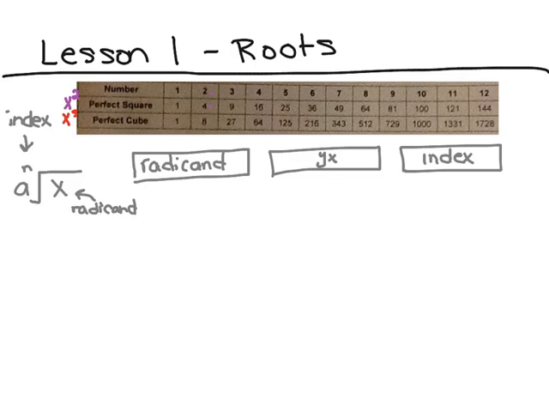Now, when we're evaluating radicals, if they're perfect squares or cubes, you can do them in your head. But if they're not perfect squares or perfect cubes, you have to use your calculator. And you can always use your calculator, so that's a good way to check. If you have an iPhone or a Texas Instrument and some other calculators, this is what you're going to type in.